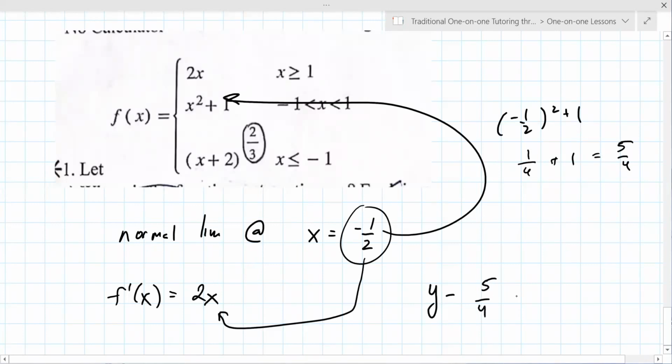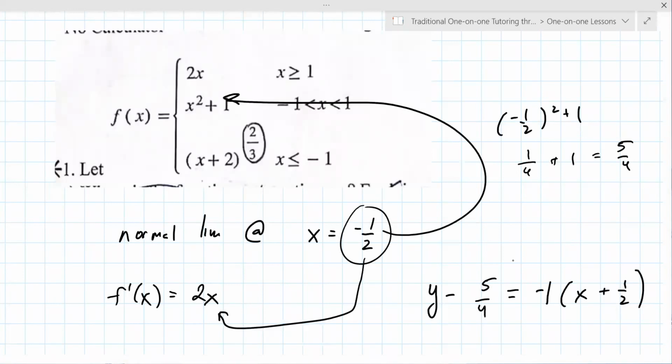You're squaring it though, not times 2. Yes. Okay, so y minus 5/4 equals -1 times (x plus 1/2). Okay, the rest I got right.